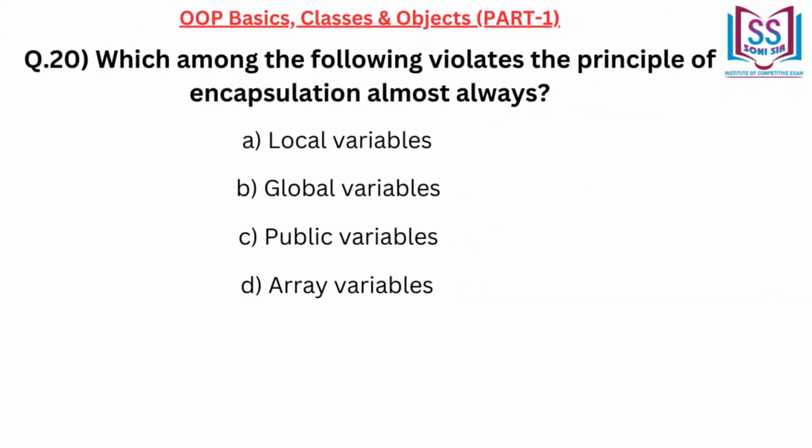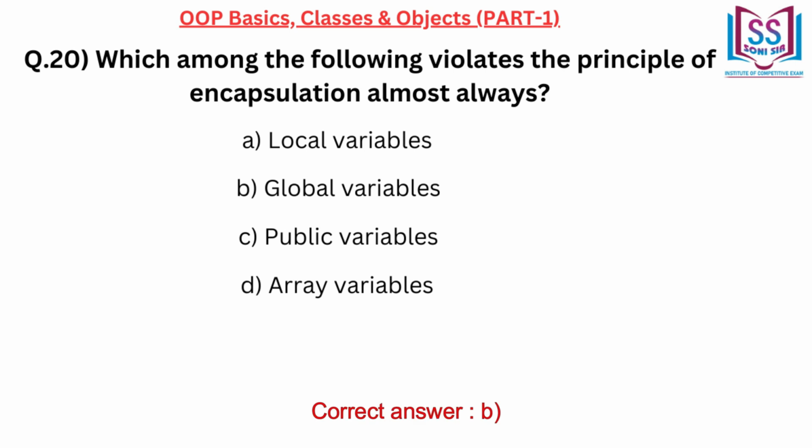Which among the following violates the principle of encapsulation almost always? A. Local variables. B. Global variables. C. Public variables. D. Array variables.